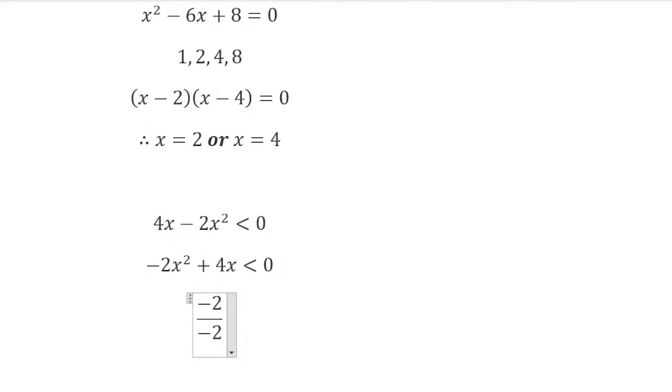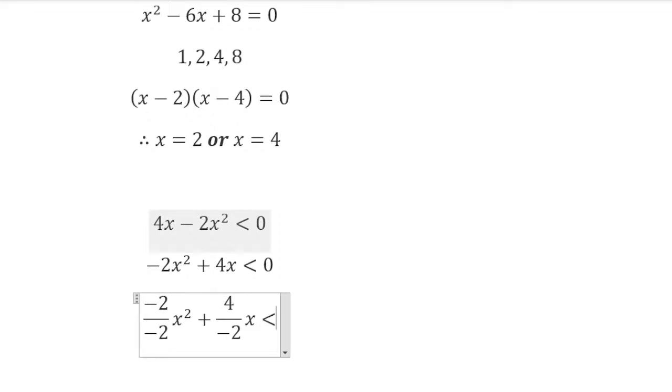So it's negative 2 over negative 2 x squared, plus 4 divided by negative 2 x, is less than 0 divided by negative 2.